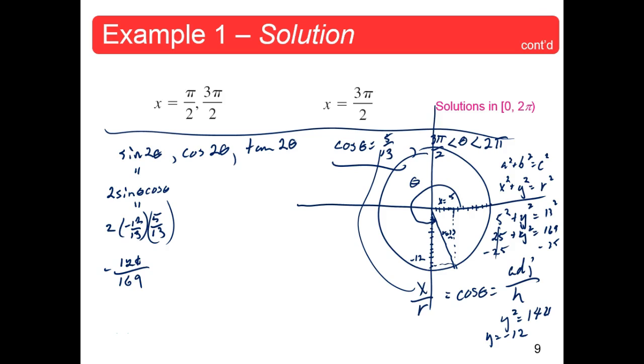Is it over 169? Okay, yeah, because this is 2 over 1. So I multiply my numerators together and multiply my denominators together, right? Because 2 is just 2 over 1.